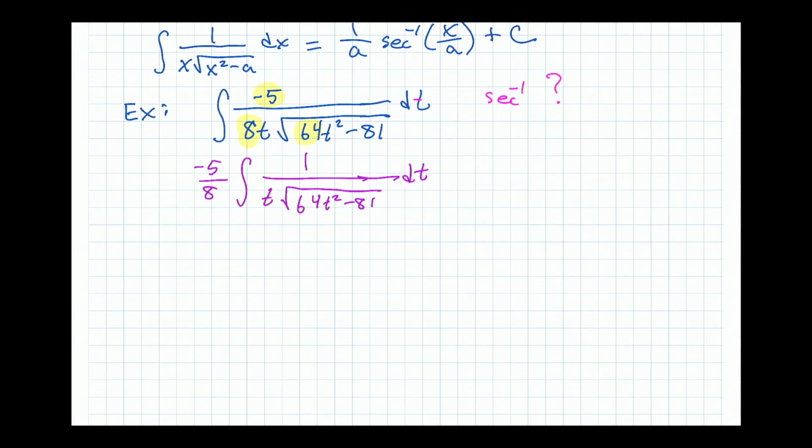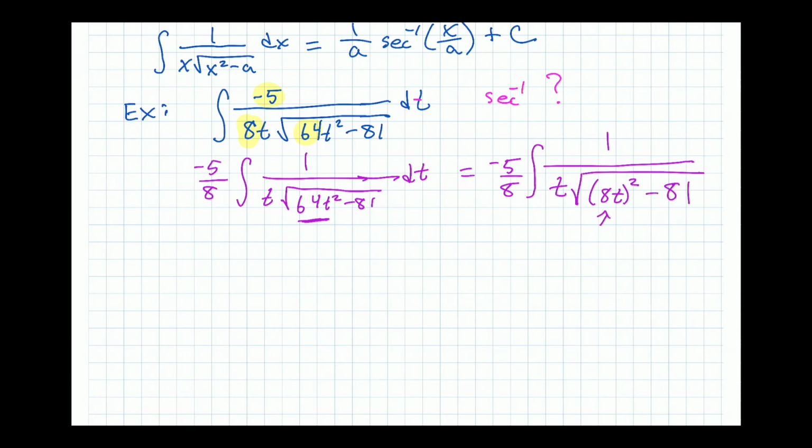Now the only other thing we need to worry about really is that 64t squared. So what I'll do is I'm not going to take the 64 out. You might think that I would, based on how I solved the previous problem, but I'm not. What I'm going to do is rewrite that 64t squared as parentheses 8t squared, like that, minus 81. So all we did was we just rewrote that.